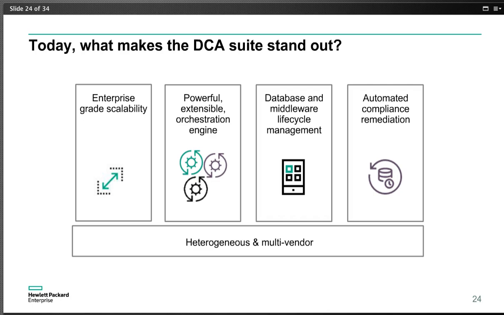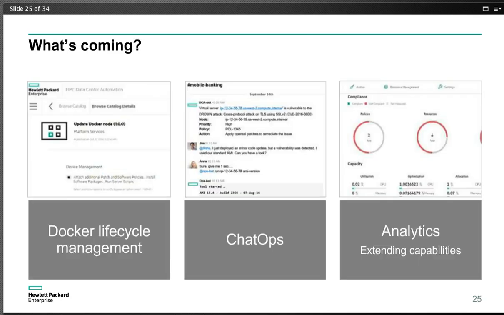So with that, I just wanted to also give you a little bit of an introduction into what the future holds for us. I already talked about analytics as a new functional space. We are going to be focusing heavily on extending our capabilities there, even as we satisfy the need for simplifying the consumption experience.